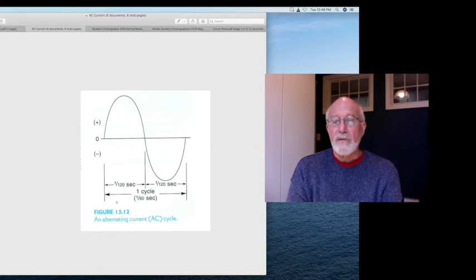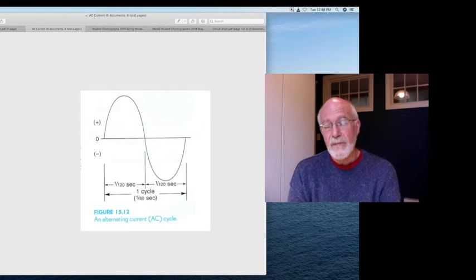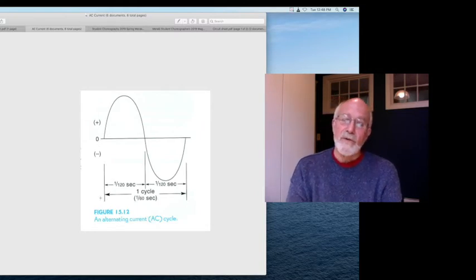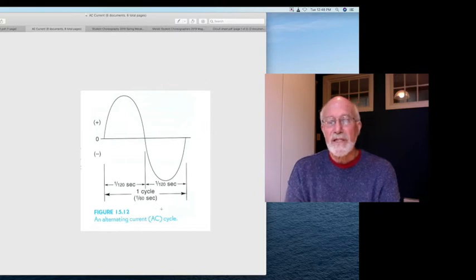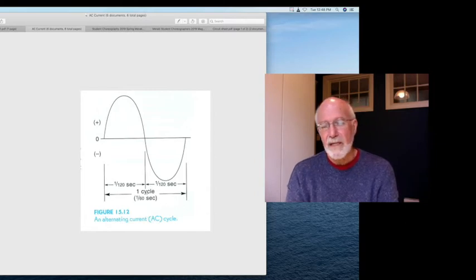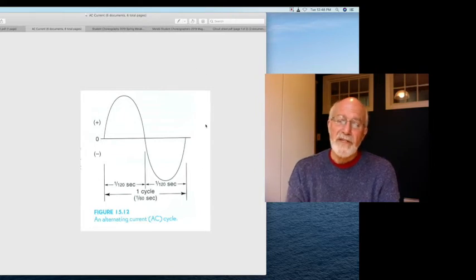But you can see that this is North American current because it is happening over 1/60th of a second, because in North American alternating current, it changes 60 times a second. Okay, so the frequency of the alternating current is 60 cycles per second, or 60 hertz. We'll get into that in audio. In other parts of the world, it's 50 cycles per second.